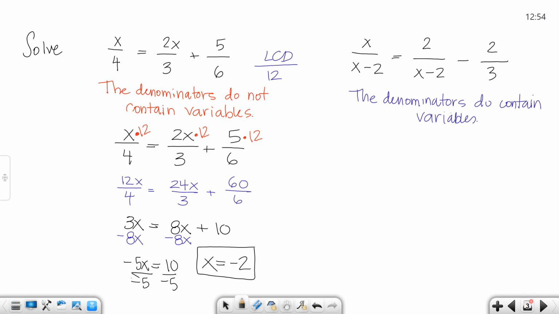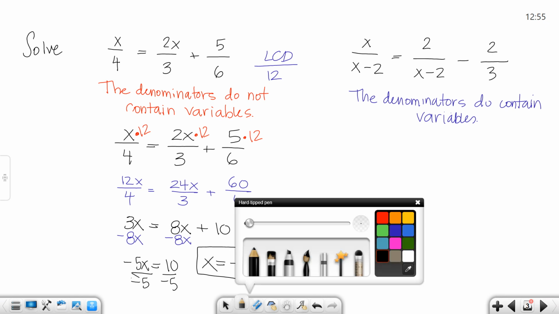You'll say you just started this page by talking about denominators not having variables. Well, if your denominator does not have a variable, all you have to do is start with the least common denominator, put it in the tops, simplify it down, and get your answer. It's really easy. But if your common denominators do contain variables, you have to go through the domain step.